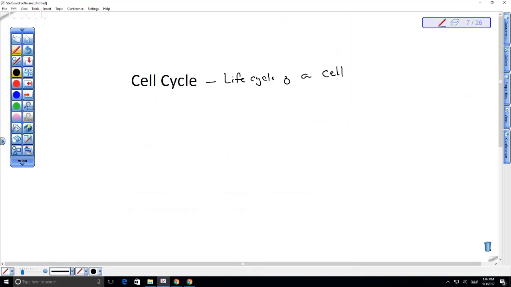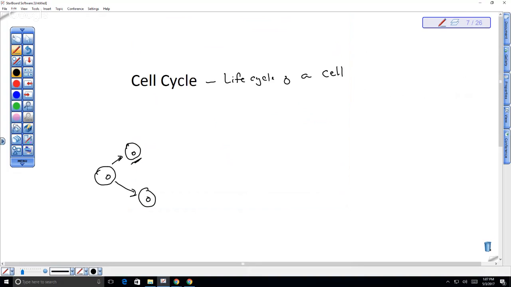So it starts out where we go from one parent cell to the daughter cells. Okay. So this could be early on during embryonic development, right? And so I'm now going to follow this cell, this first one that I drew, this first daughter cell, through the cell cycle. So it's just divided.